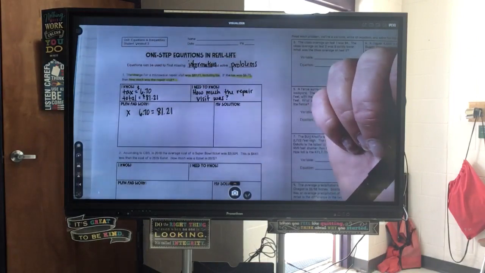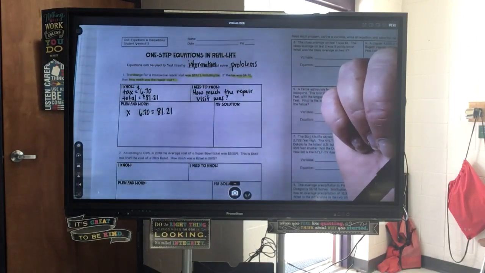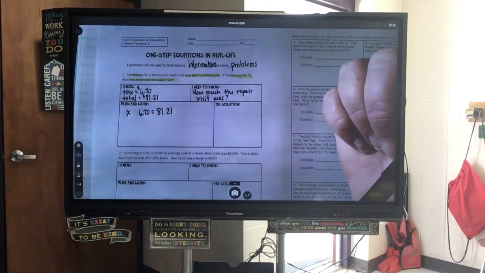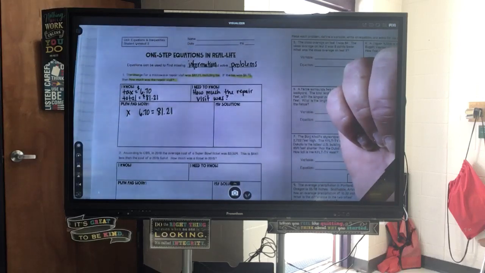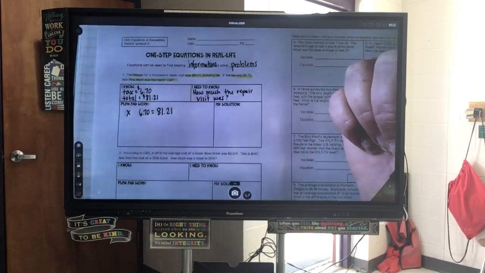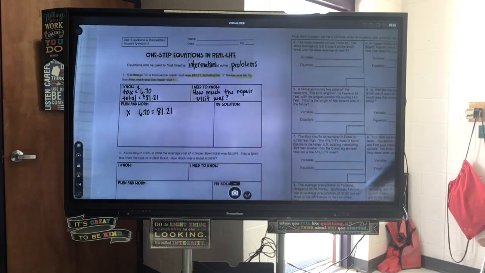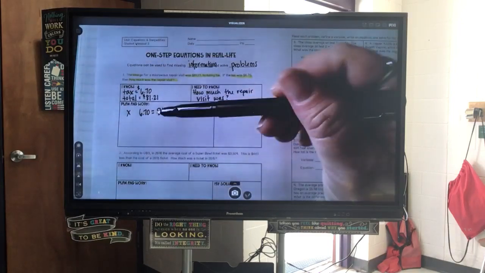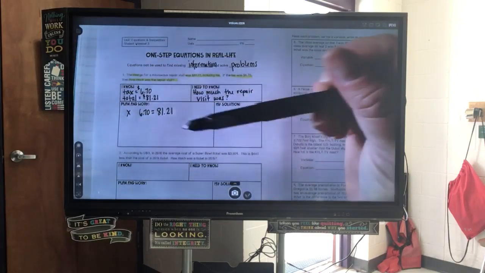Stand up if you think we're adding. Okay, have a seat. Stand up if you think we are subtracting. Okay, have a seat. Now, did I ask you what we're doing to solve this problem, or did I ask you what our problem is going to look like?